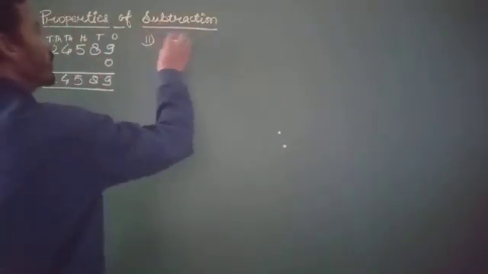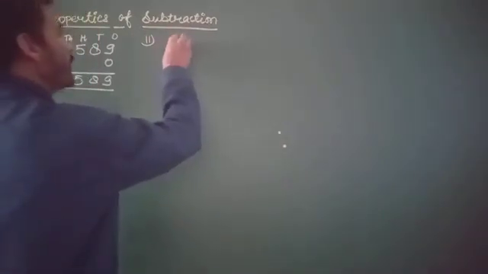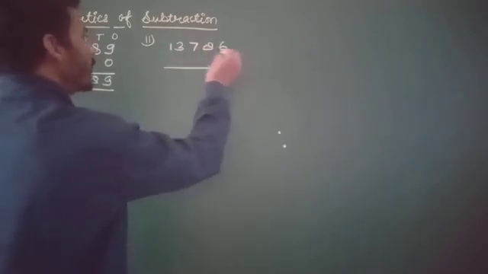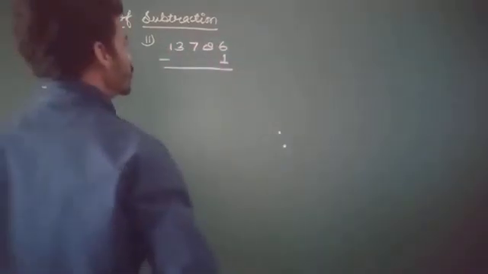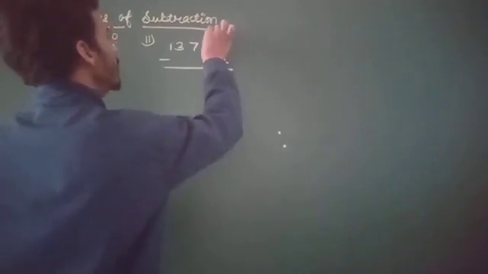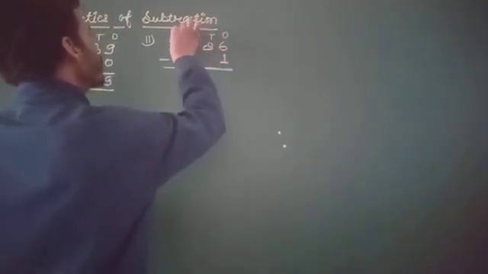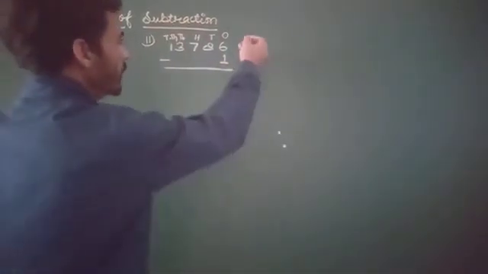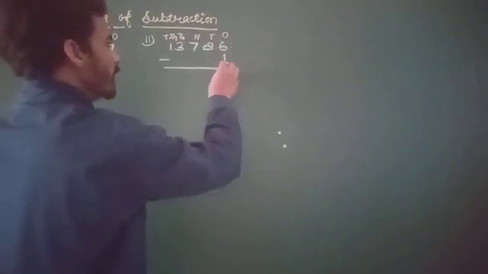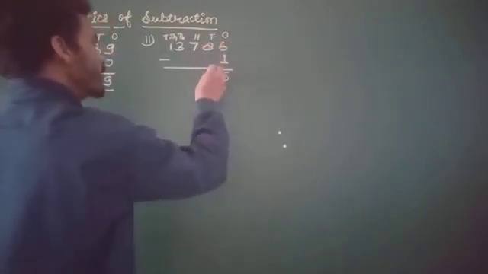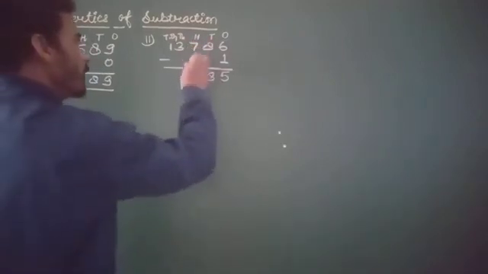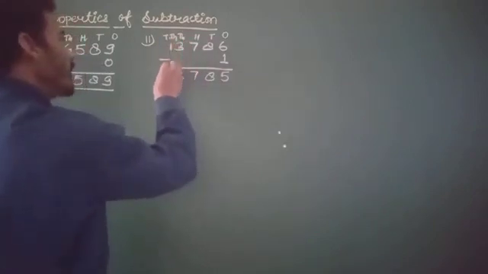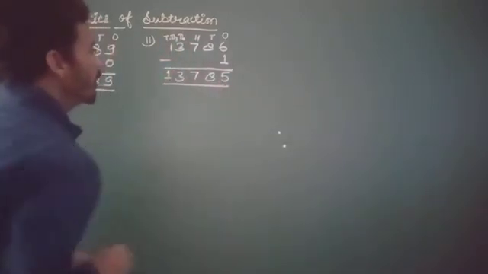13,786 minus 1. When we subtract, firstly we subtract the ones place, then tens, hundreds, thousands and ten thousands. 6 ones minus 1 one is 5 ones, 8 tens minus 0 tens is 8 tens, 7 hundreds minus 0 hundreds is 7 hundreds, 3 thousands minus 0 thousands is 3 thousands, and 1 ten thousand minus 0 ten thousands is 1 ten thousand.